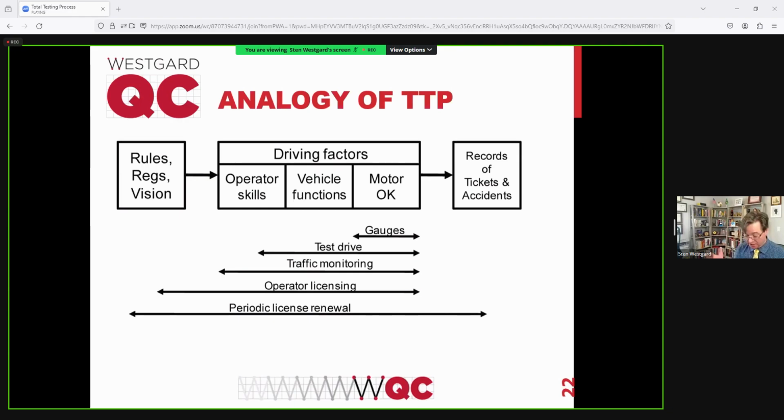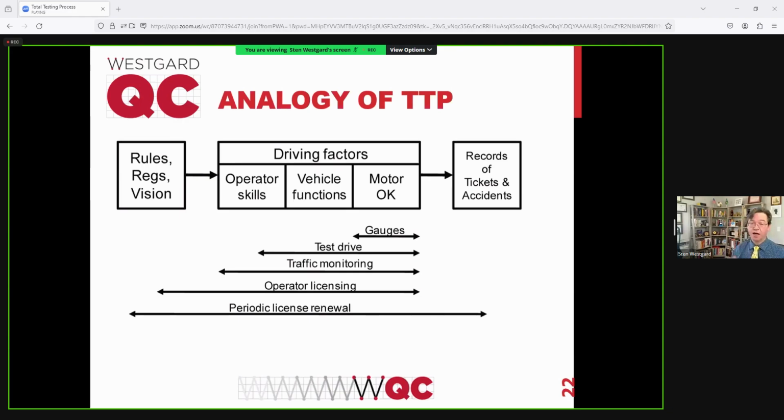If you want to test the car itself, you get a new car and you take it for a test drive. Now it looks at not just whether the motor is working, but also whether the vehicle itself functions correctly. If you're driving and you get caught for speeding, that's the traffic monitoring element of our police force. We also have our pre-analytical steps: who gets to drive, what conditions you should drive in, and what side of the road you should be on to prevent you from crashing into other cars.